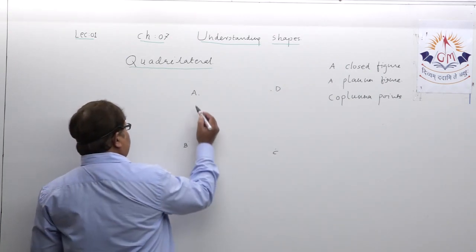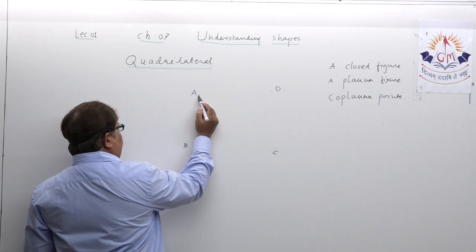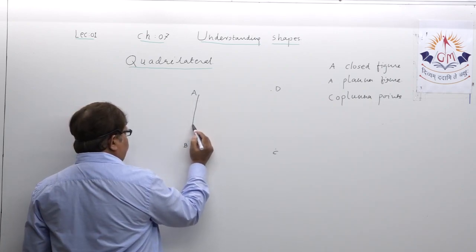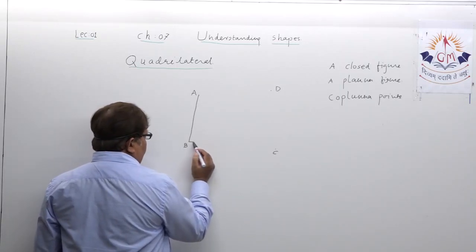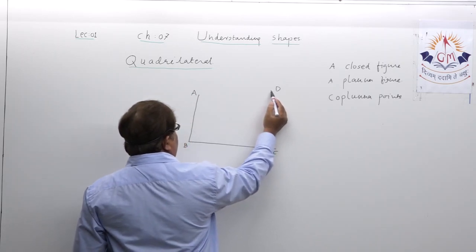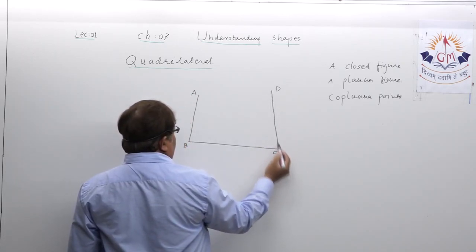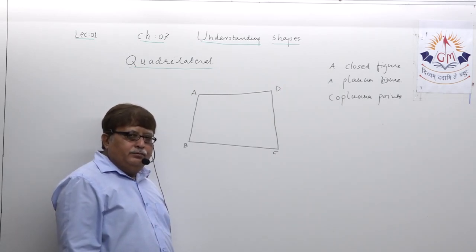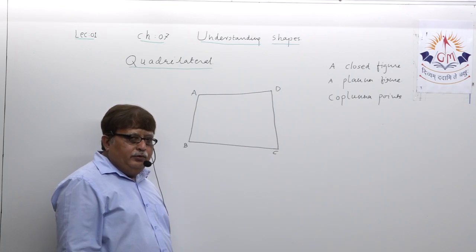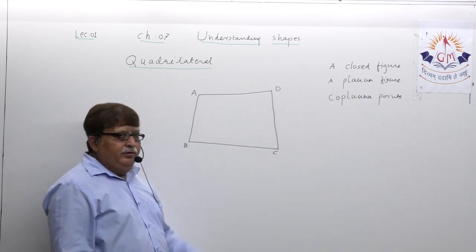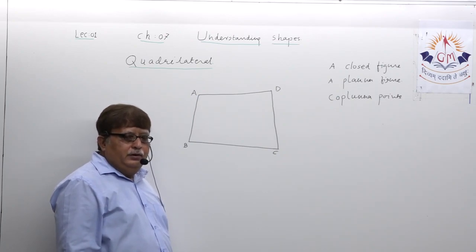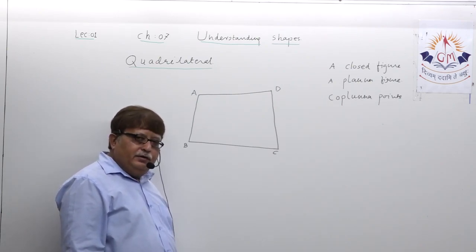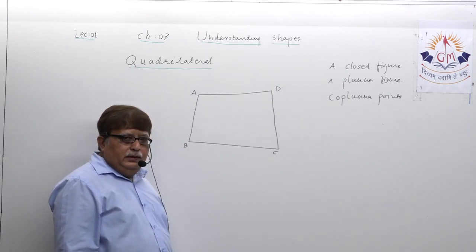Now these four coplanar points are already there on the plane. If you join all the coplanar points by line segments, line segment AB, line segment BC, line segment CD, and line segment AD, then you realize a closed figure which is known as a quadrilateral. So a quadrilateral is a closed planar figure formed by four line segments.